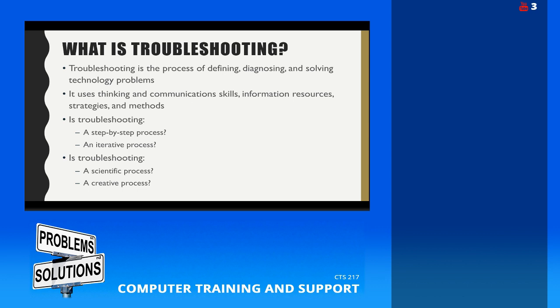When you think about troubleshooting network issues especially, that's one place where creativity might come into play a lot, because not everything's always a black and white solution. Sometimes there are multiple solutions to a problem, and in order to get the best one, you have to be a little bit creative.